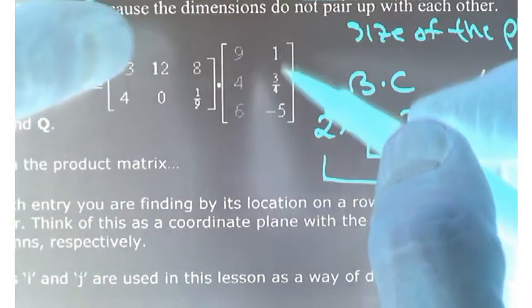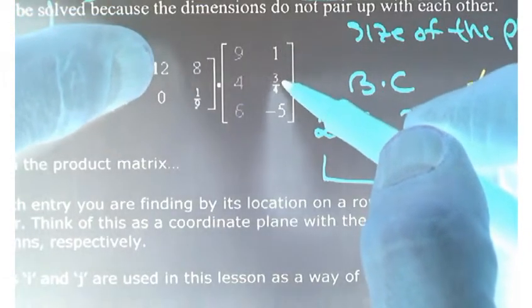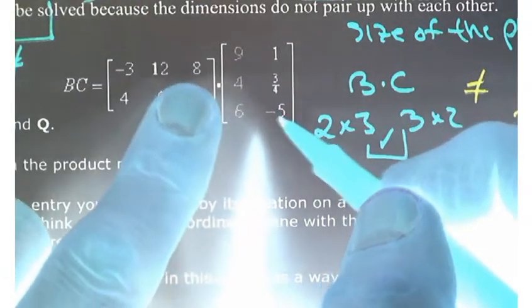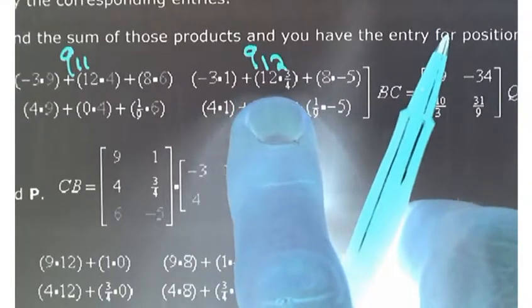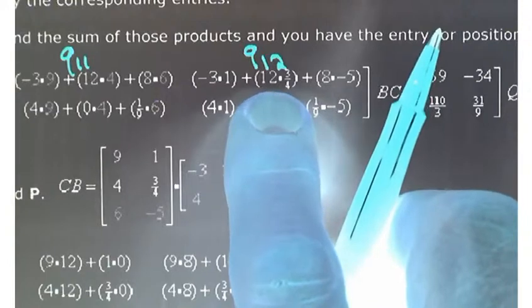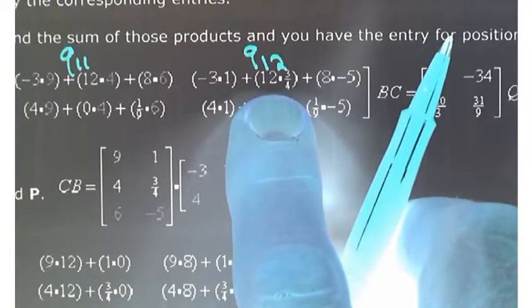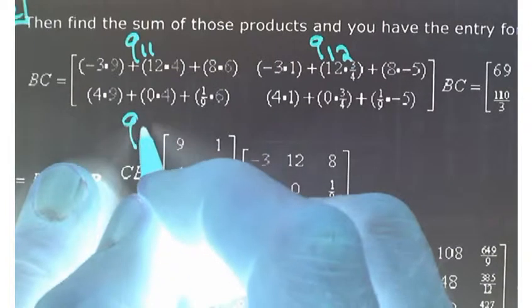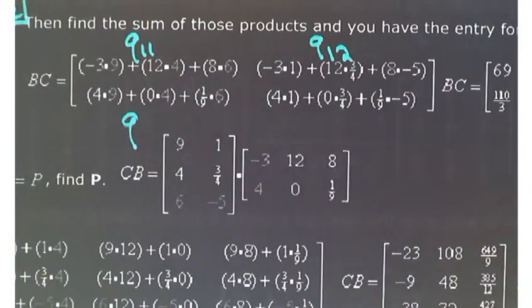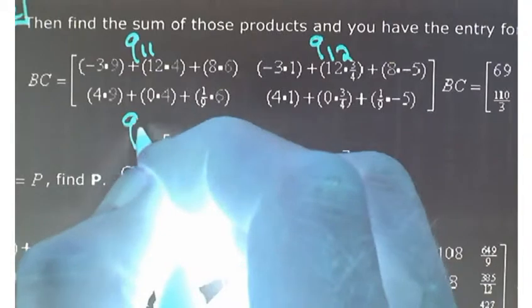Negative 3 times 1 plus 12 times 3/4 plus 8 times negative 5, and that gives you Q12. Down over here, Q21.